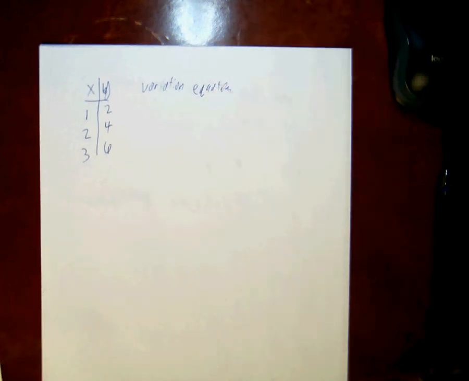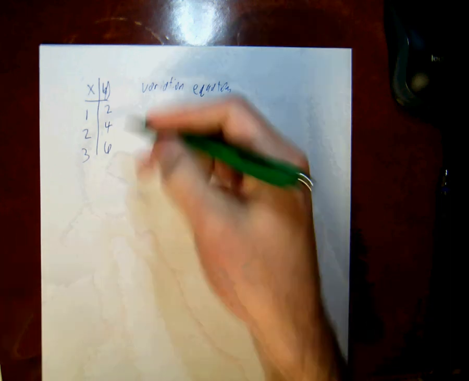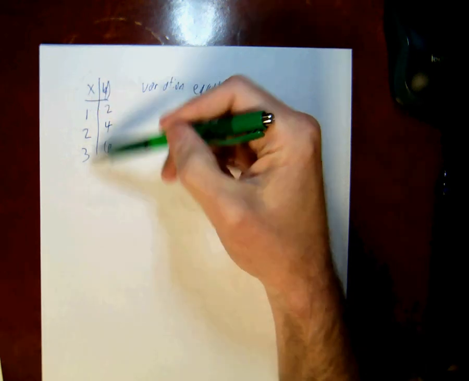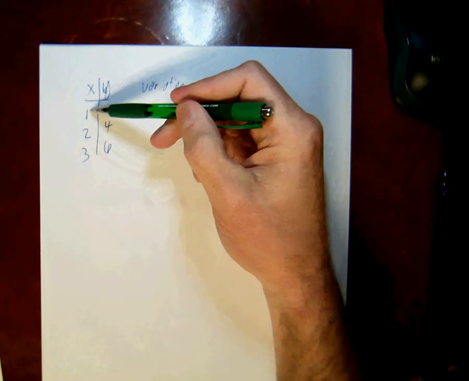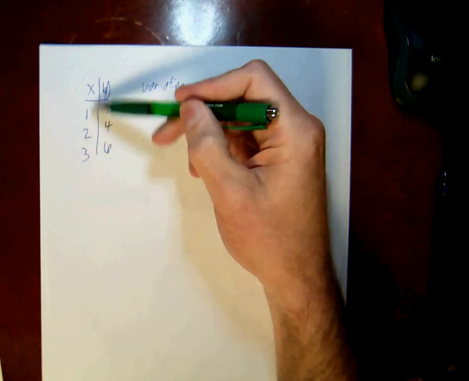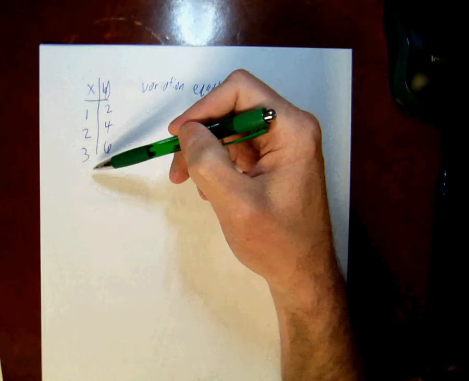How do you find a variation equation if I just give you a list of numbers? If I give you a chart, I give you x and y values, I want a variation equation. And when I give you these, the one thing you want to make sure you look for, because sometimes it's tricky, is the x's. They don't have to be equally spaced. This one is equally spaced because it's the first example. It goes 1, 2, 3.